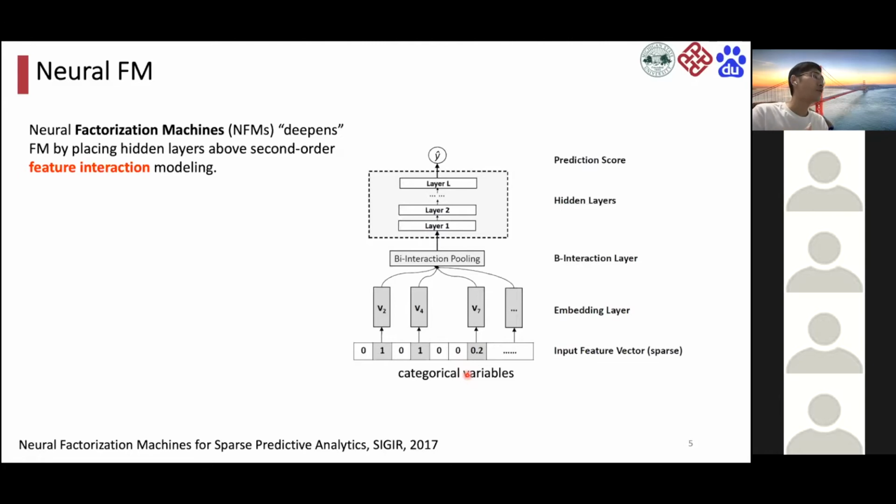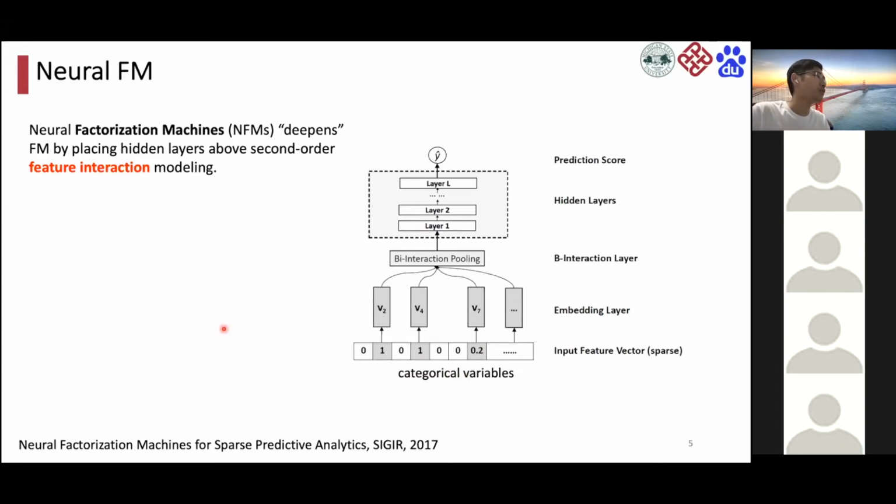So we may all know the factorization machine, FM, as a popular solution for effectively using second order feature interactions. In this slide, we introduce the neural factorization machine, NeuralFM, which enhances the FM by modeling high order and nonlinear feature interactions.